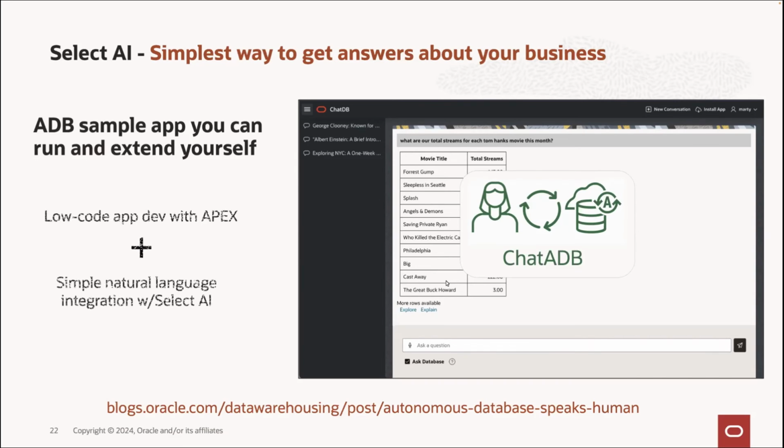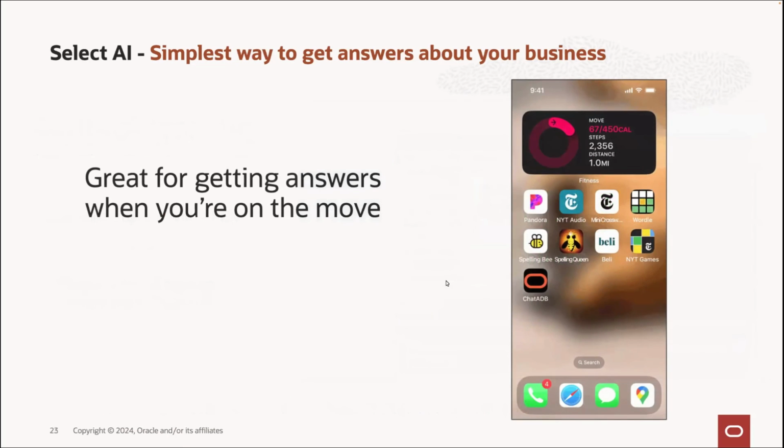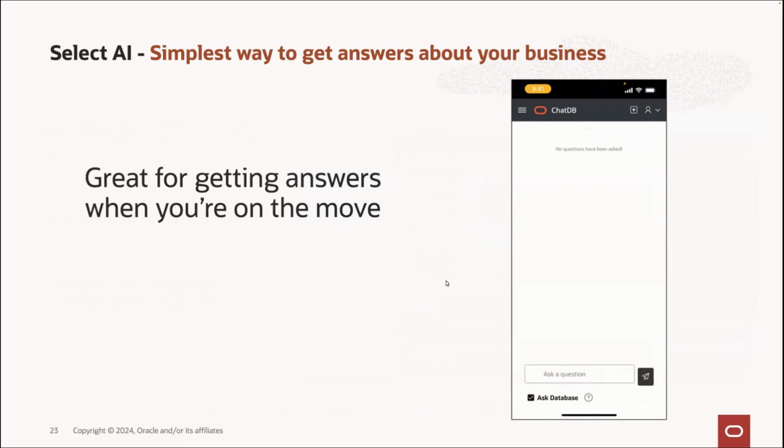This application specifically is a low-code application built with Apex, and it is using the Select AI feature that is already embedded in Autonomous Database. So if you get Autonomous Database, you already automatically get Select AI.